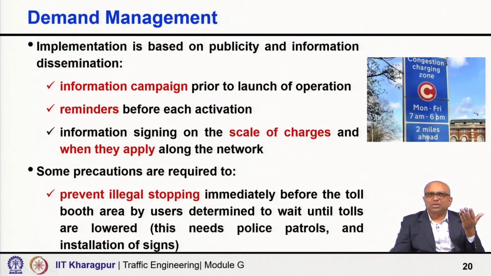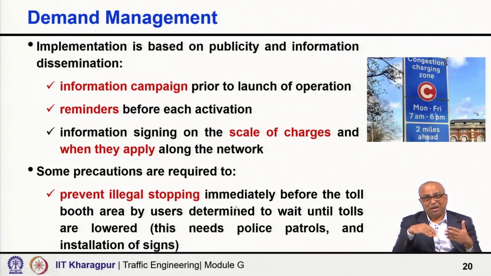Implementation is based on publicity and information dissemination. An information campaign prior to launch of operation is very important, reminders before each activation are a must, then information signing on the scale of charges and when they apply along the network. People should know, that should be publicized, nothing should be a surprise. Some precautions may also be required, for example, prevent illegal stopping.